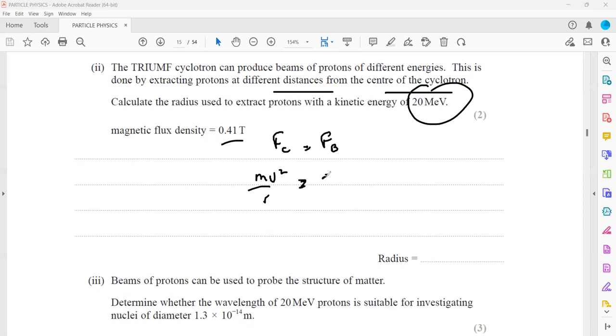Q is the charge, v is the speed, and B is the magnetic flux density. So when we simplify, the v squared will cancel with v. So this is mv. mv is the momentum which we already worked out in the previous part. So I can say p over r is equal to qB. So if I need the radius r, it will be p divided by qB is equal to r.